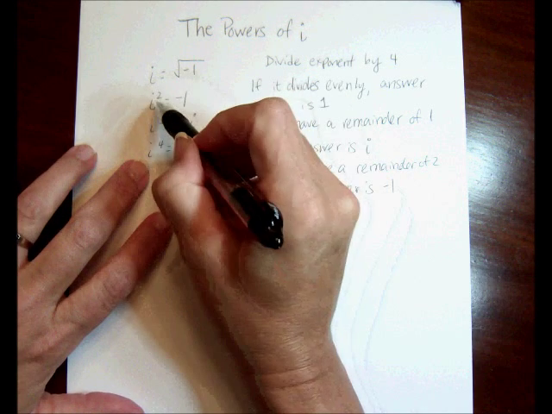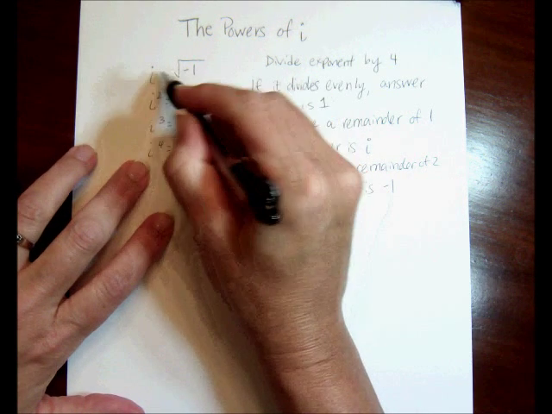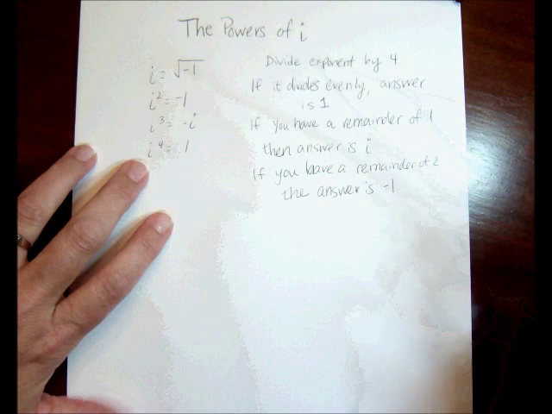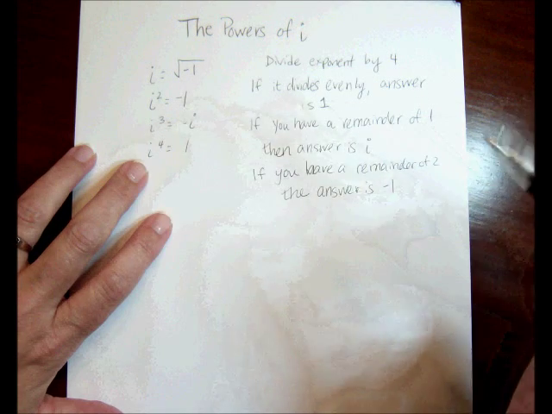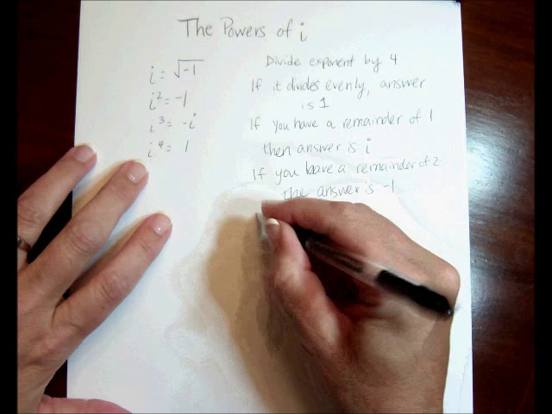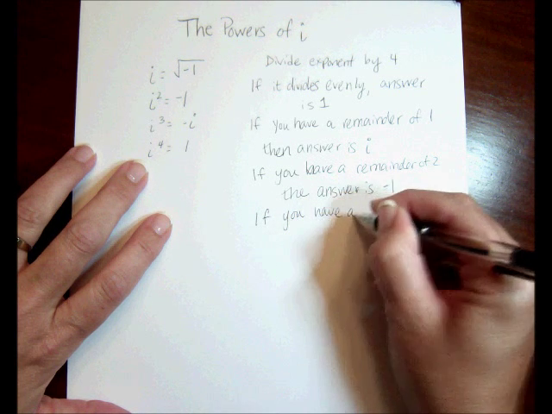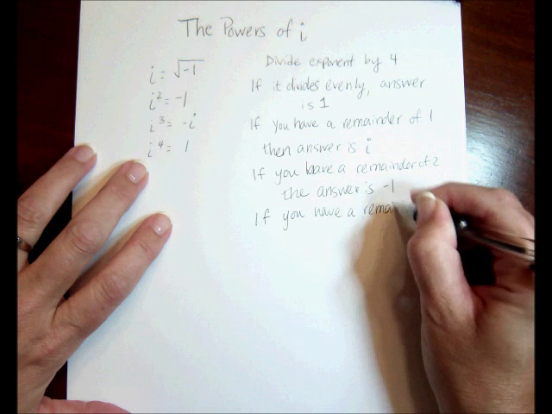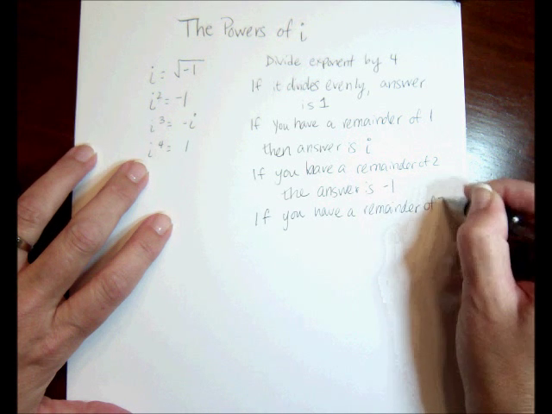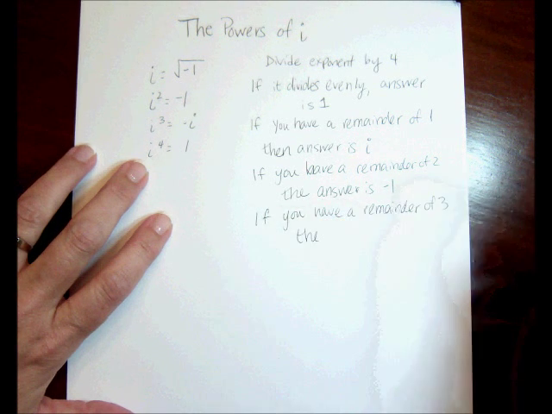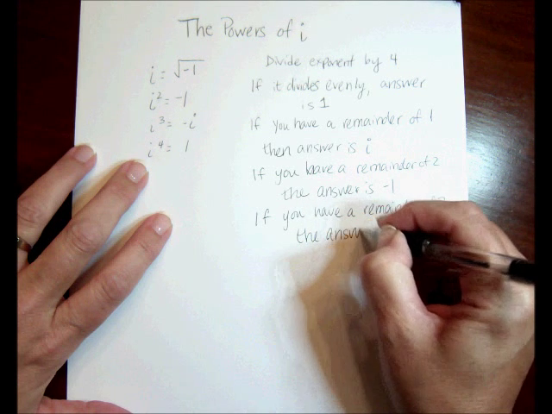So it kind of correlates: if the remainder is 2, it's -1. The remainder is 1, it's i. And then if you have a remainder of 3, the answer is -i.